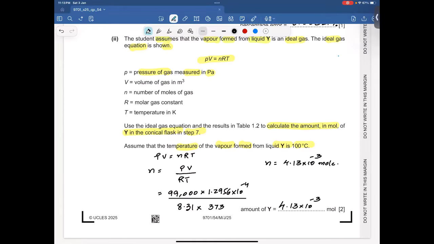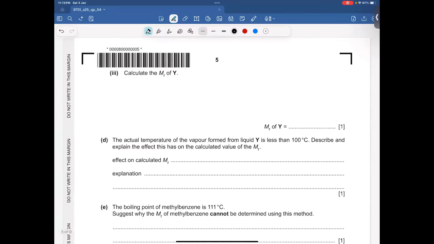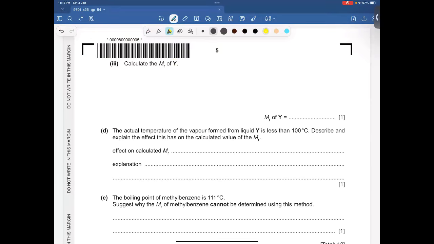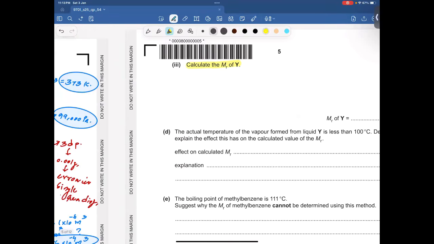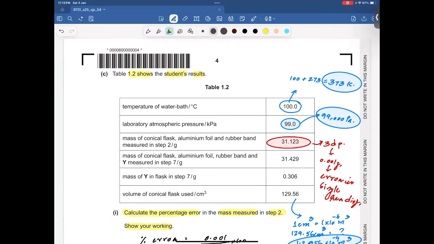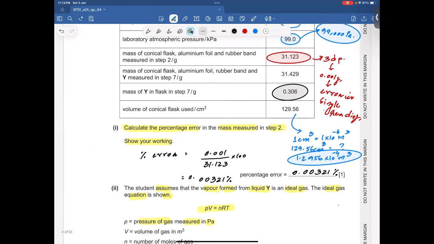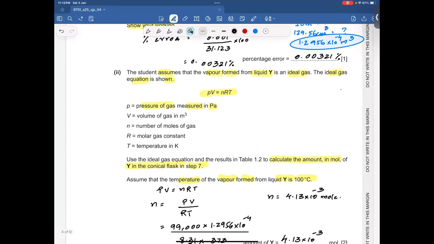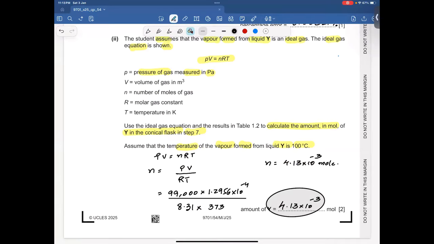All right, let's move on to the next page. Calculate the MR of Y. So the mass of Y is already given in step 7, which is 0.306. Moles is given, which is 4.13 into 10 to the power minus 3.